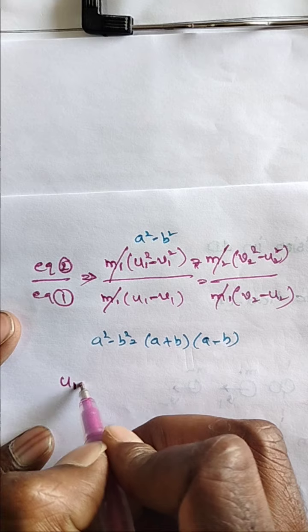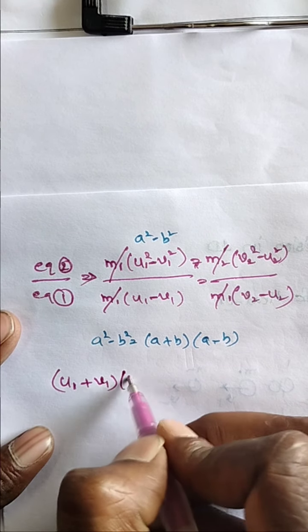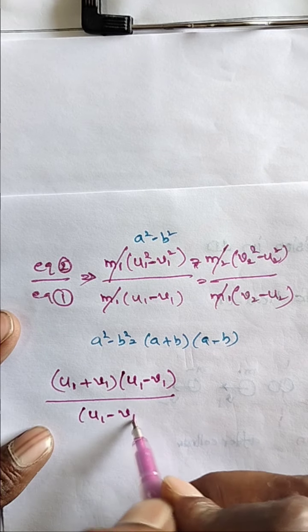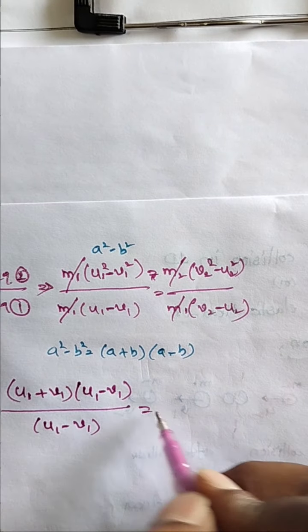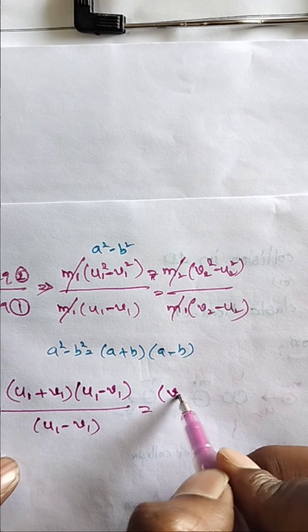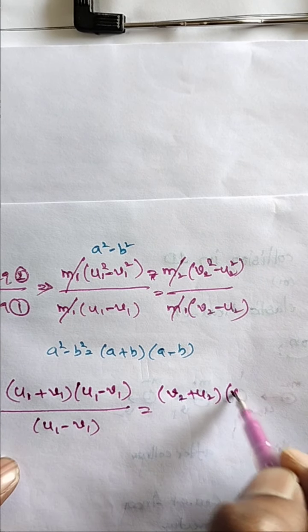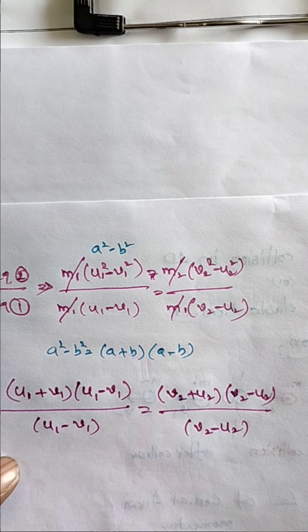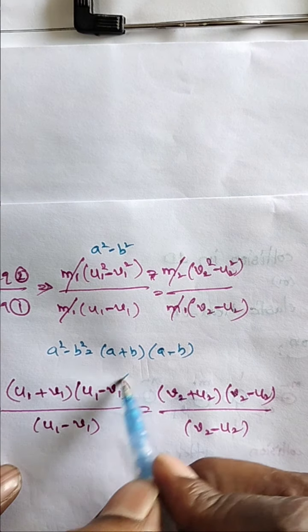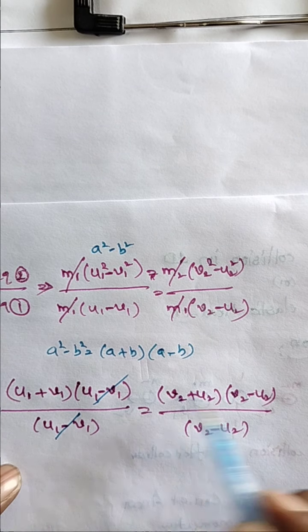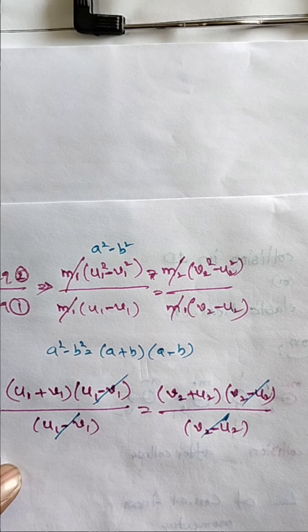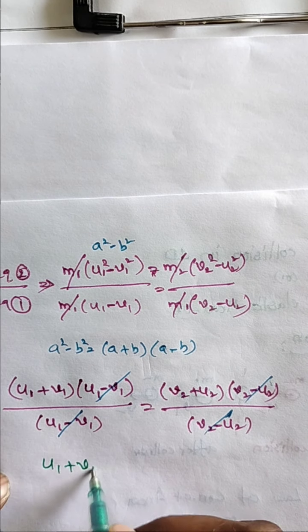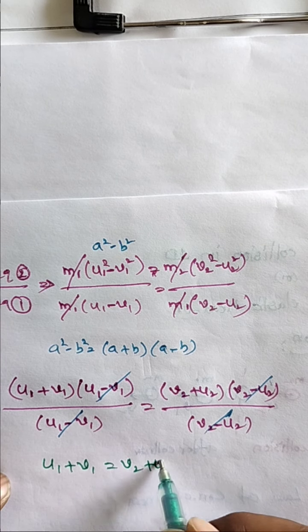That is (u1 plus v1)(u1 minus v1) by (u1 minus v1) is equal to, next, same thing, (v2 plus u2)(v2 minus u2) by (v2 minus u2). Which terms will be cancelled? u1 minus v1 and v2 minus u2. So the remaining terms: u1 plus v1 is equal to v2 plus u2.